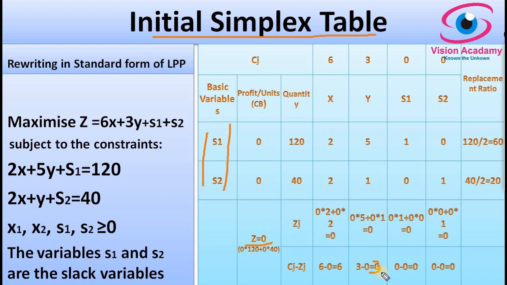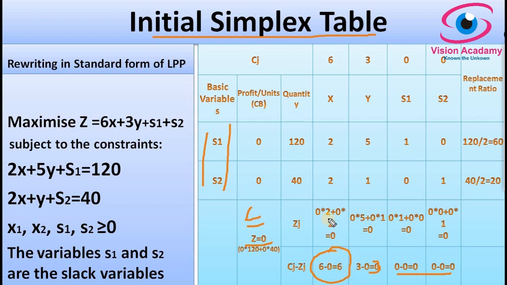According to the optimality condition for a maximization problem, Cj minus Zj must be less than or equal to 0. Here two values are 0, but two values are positive. Since they are positive, you select the most positive value among them. Here it is 3, here it is 6, so the most positive value is 6.